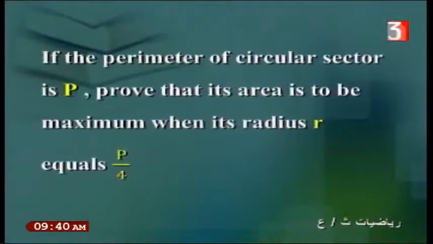Another example: if the perimeter of a circular sector is P, prove that its area is maximum when its radius r equals P over 4. We know the perimeter of the circular sector P equals L plus 2r, where L is the length of its arc and r is the radius of its circle.